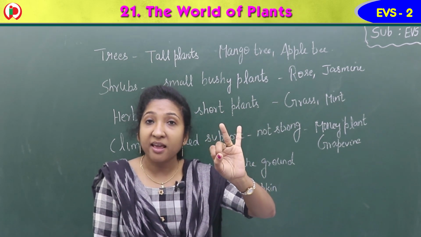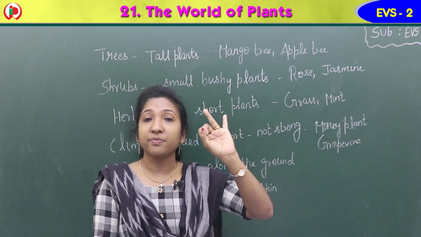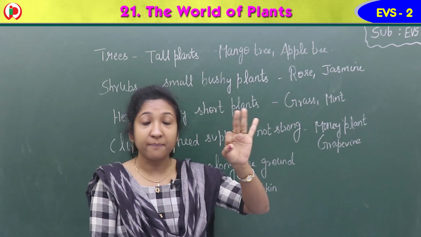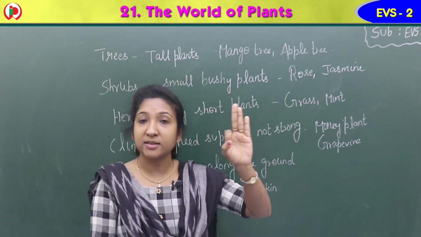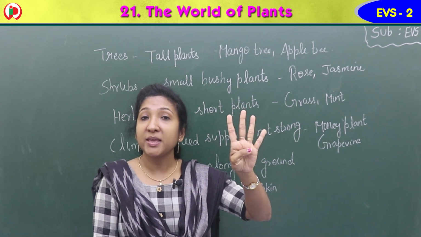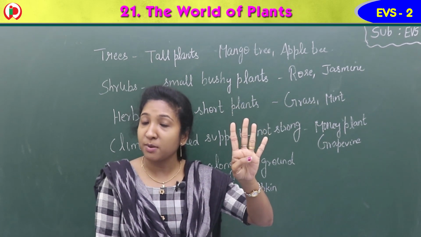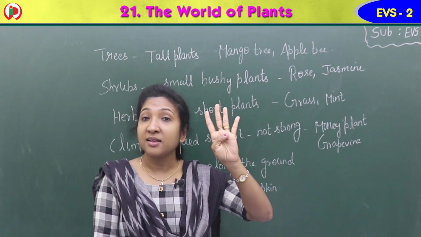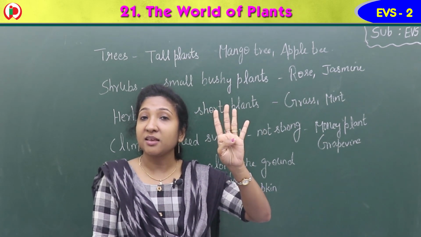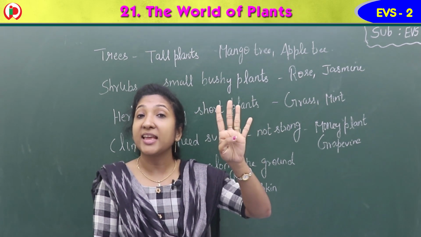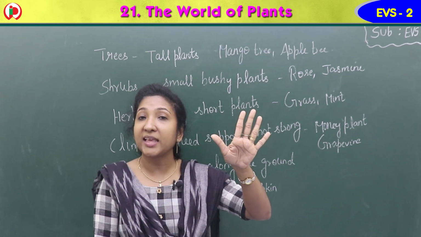Yes, L-E-A-V-E-S, leaves. Then fruits, F-R-U-I-T-S, fruits. Then branches, yes, branches, B-R-A-N-C-H-E-S, branches. Then the hard woody thing in the tree, it is stem, S-T-E-M, stem, or we can say trunk, T-R-U-N-K, trunk.